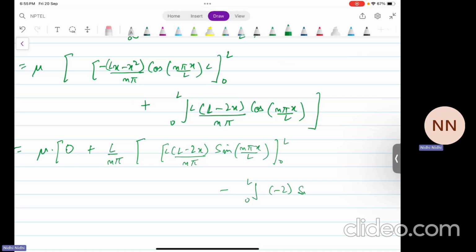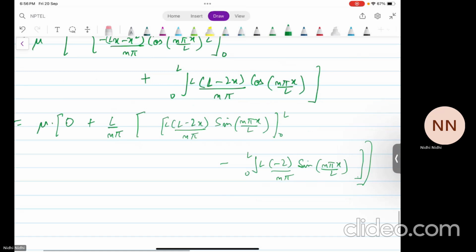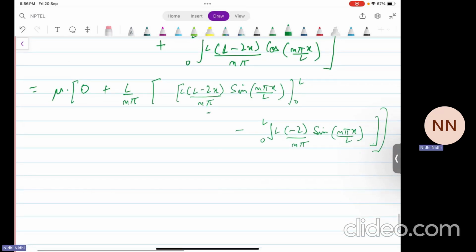Integration of cos is sine n pi x by L by n pi by L. Again here when we put x equals to L, we'll get sine n pi, which is 0. X equals to 0, sine 0 is 0. So this is completely 0.